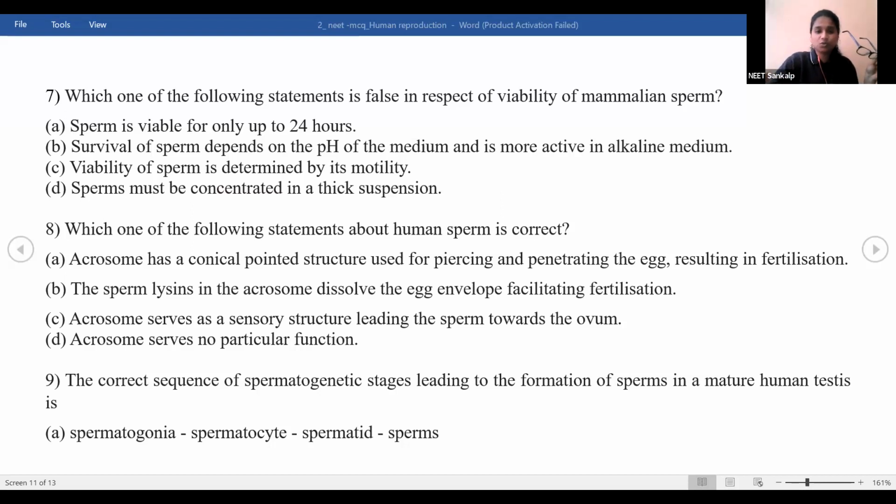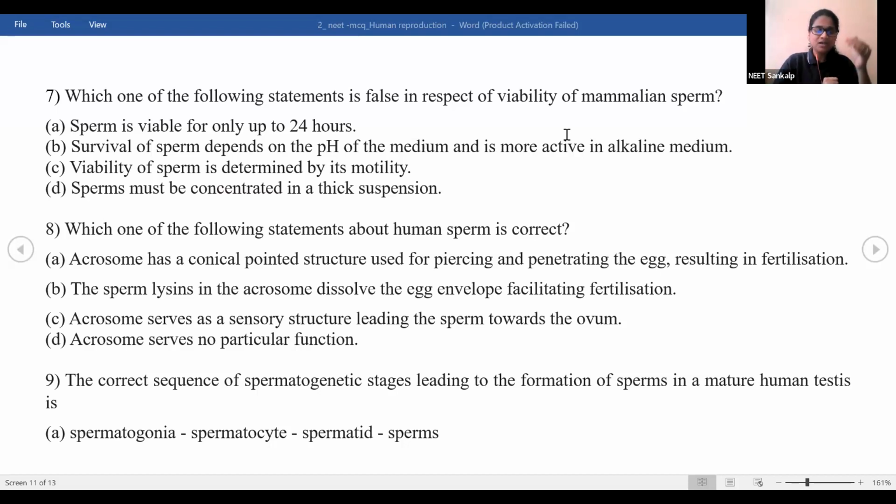Okay, I got the first quick answer from Jyoti. Manikantha, okay. Priyanka, fine. They are asking for the false statement. Nagini, Anvita. So the right answer is option D. Sperms must be concentrated in a thick suspension. That is the false statement.